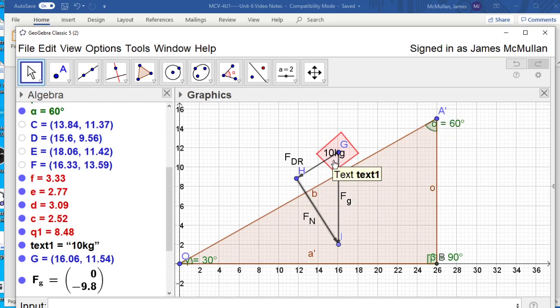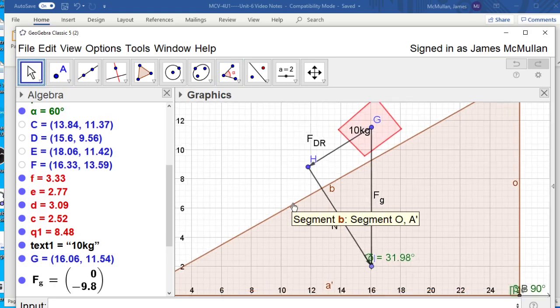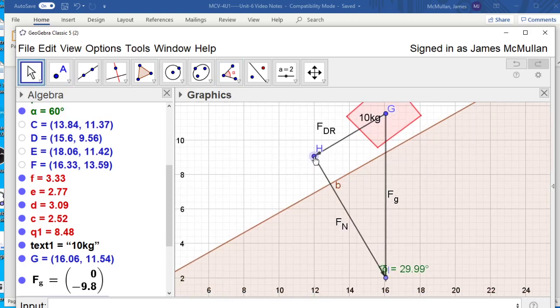So this little angle in the top of my drawing is also 60 degrees, and this little angle in the bottom of my drawing is therefore 30 degrees. So let's get those angles. You can see I didn't quite draw this perfectly because I didn't get it to be 30, but that's got to be about 30 degrees.